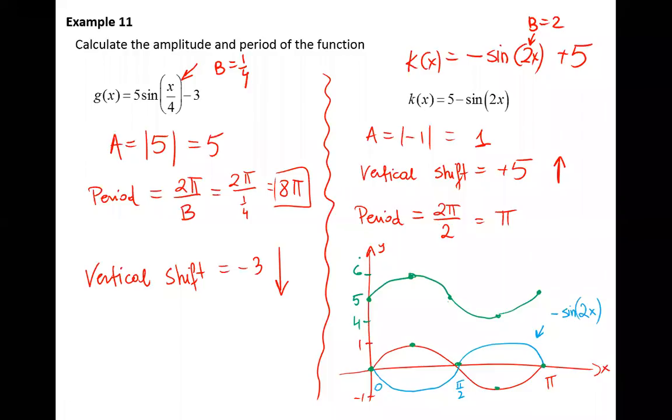The values are from 4 to 6. Having a graph, sometimes we will make the mistake and say 6 is the amplitude. No, the difference between 6 and 4, maximum and minimum, is 2. 2 divided by 2 is 1. That means the amplitude is still 1, based on the definition.